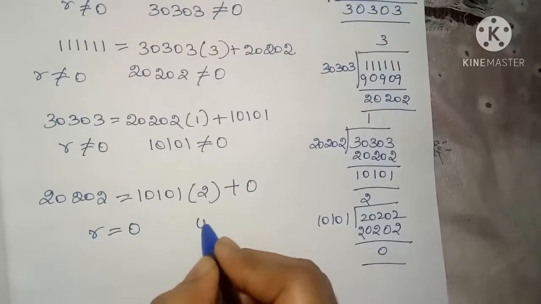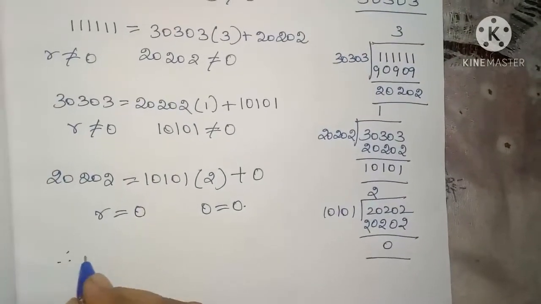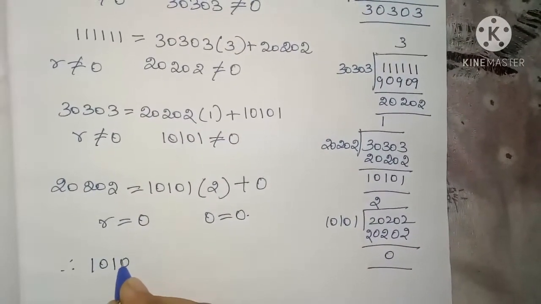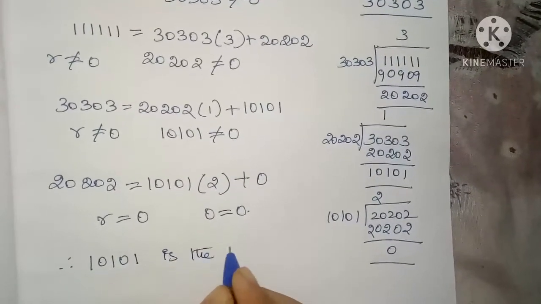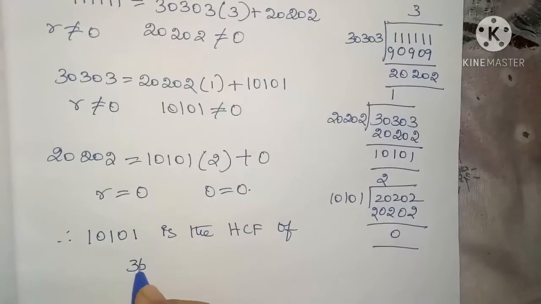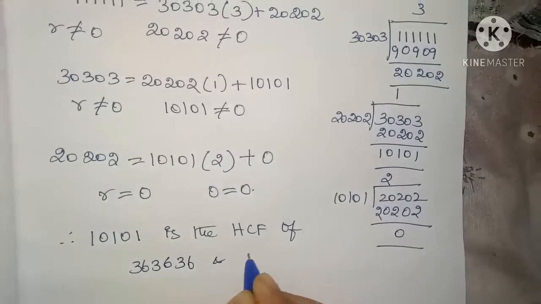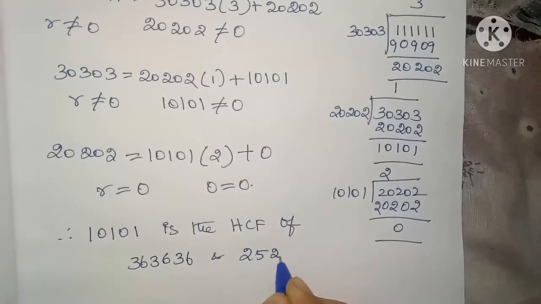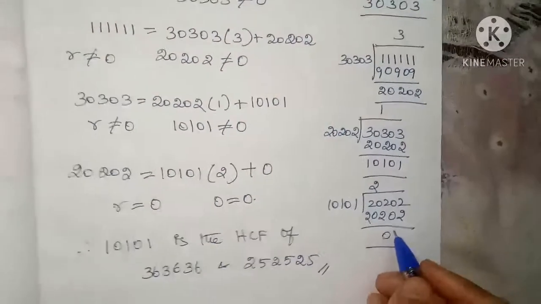Remainder is equal to 0. That means 10101 is the HCF of 363636 and 252525. That's all.